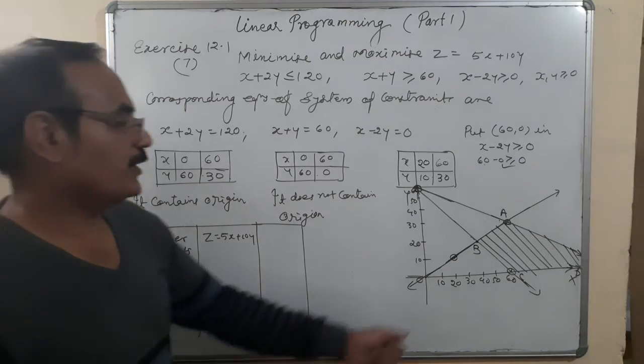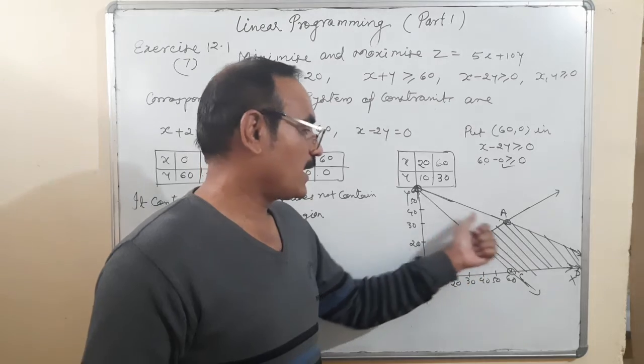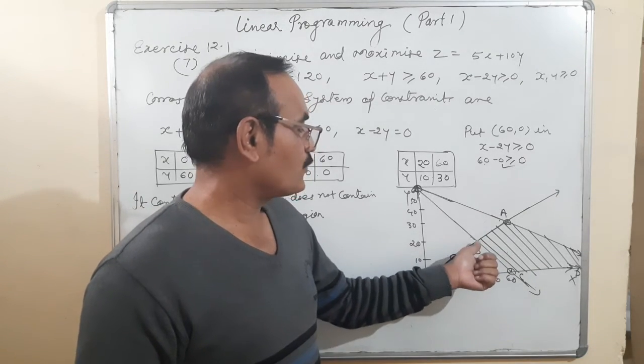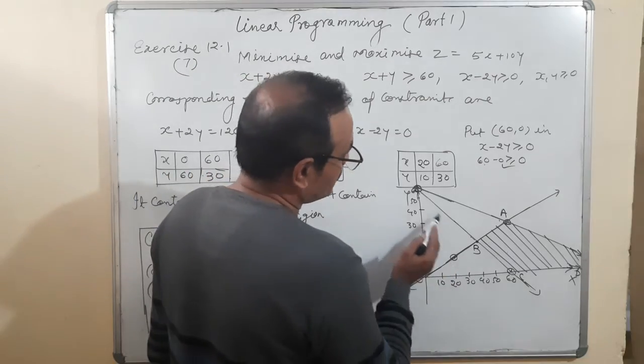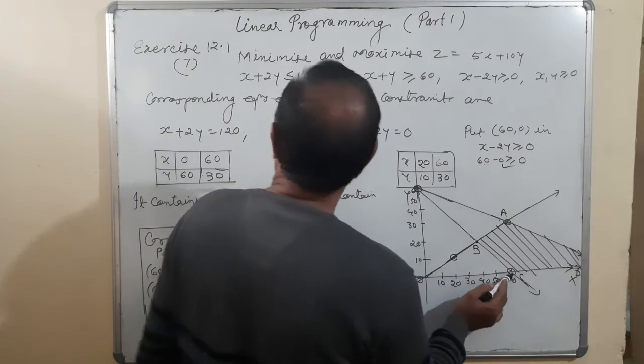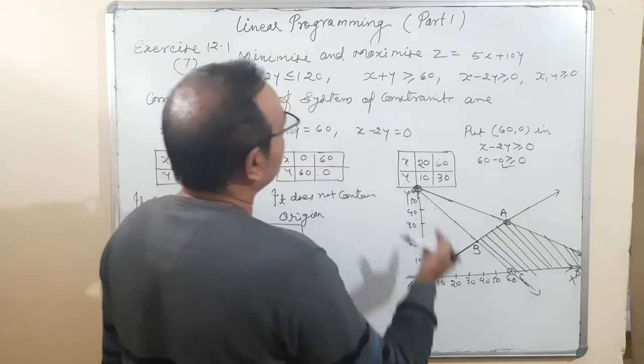How to find out this point? On graph paper you can easily find it, but suppose I have drawn this roughly. For finding this point, the corresponding equation of this inequality is that one, and the corresponding equation of the other inequality is that one.